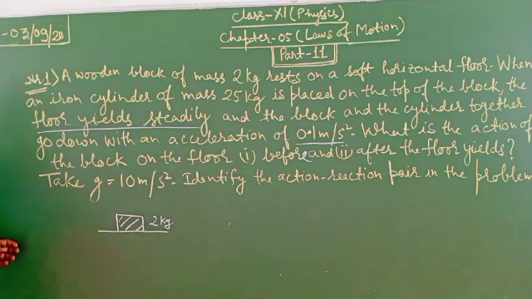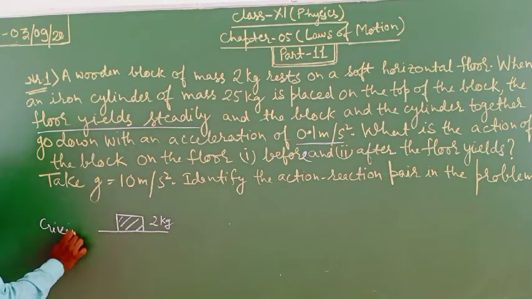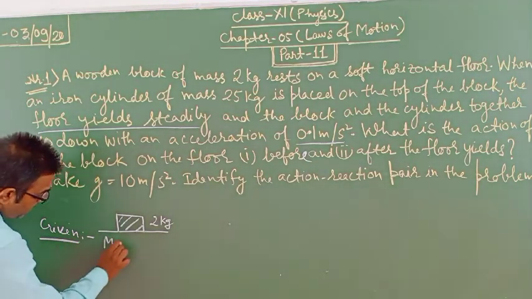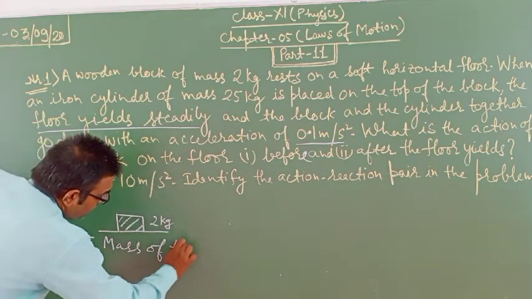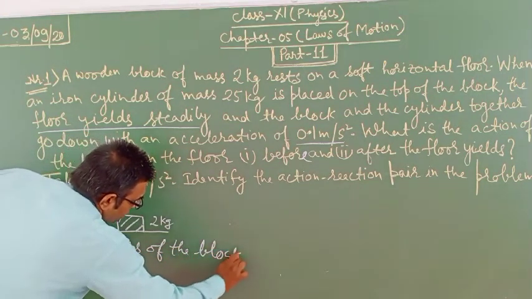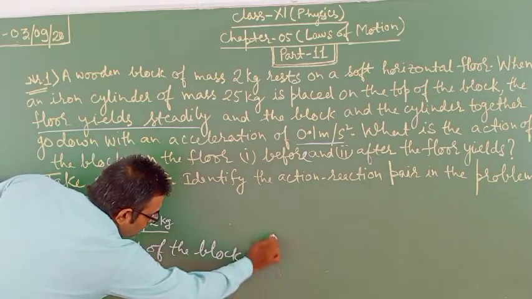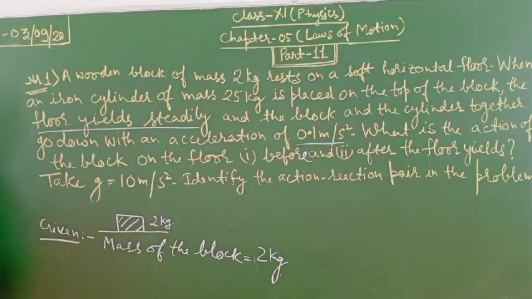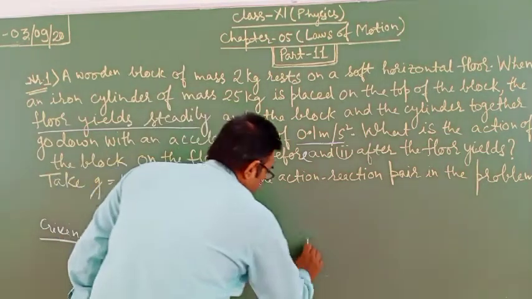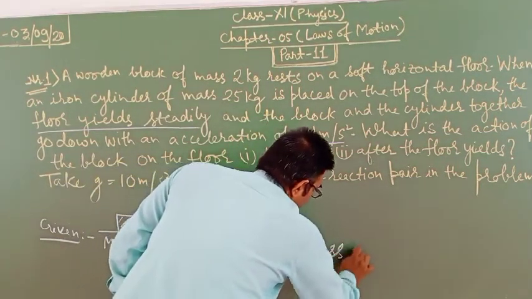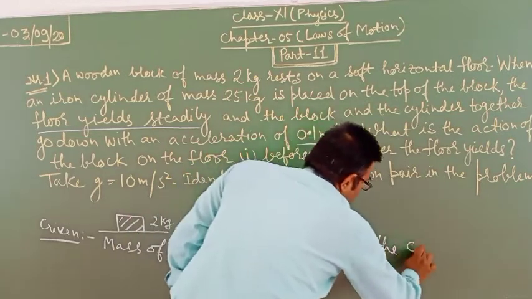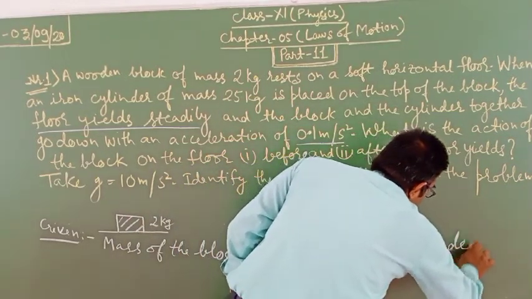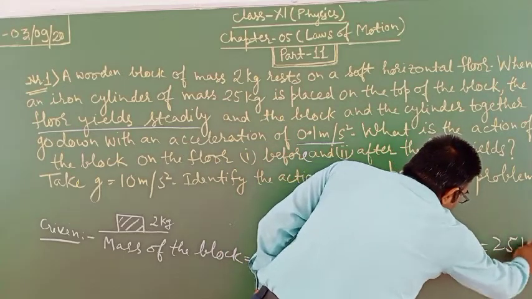Mass of the block is equal to 2 kg. Mass of the cylinder is equal to 25 kg.